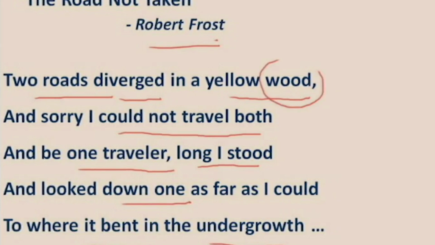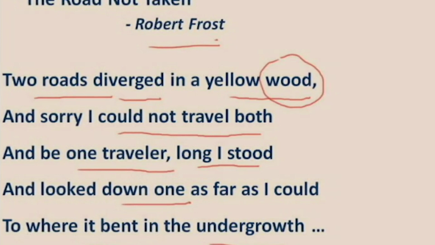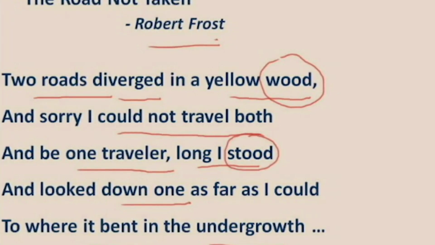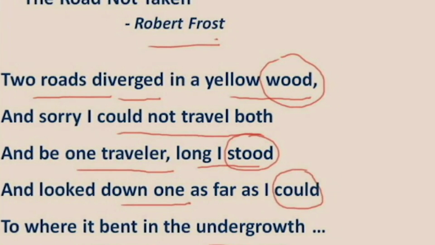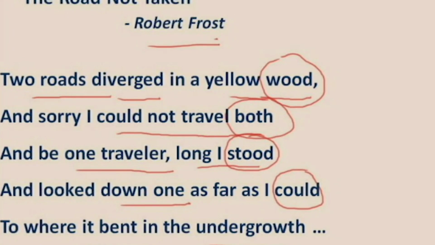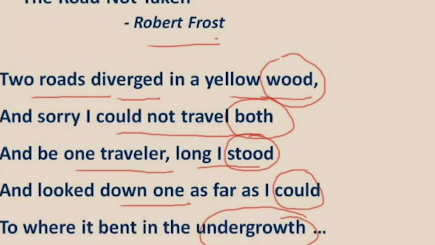The first one is wood. Try to find out other rhyming words of wood. Yes, we have stood. Yes, we have could. Now these all rhyme together. Next we have both and undergrowth. So these two words rhyme together. Now these are the rhyming words.